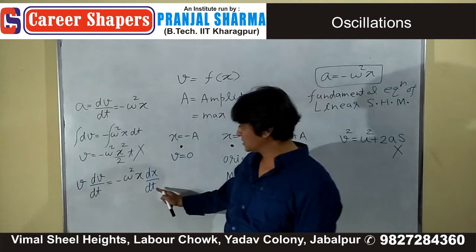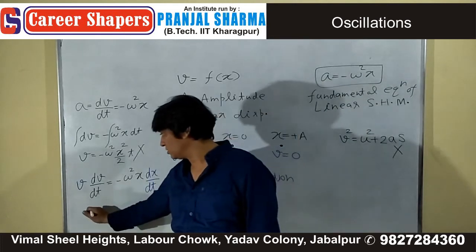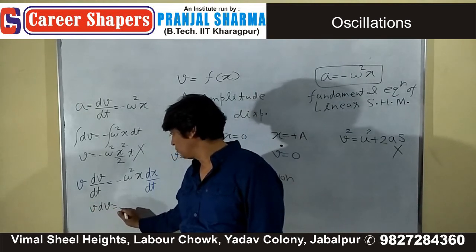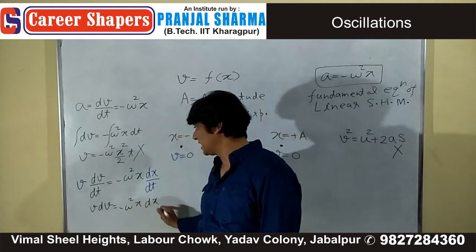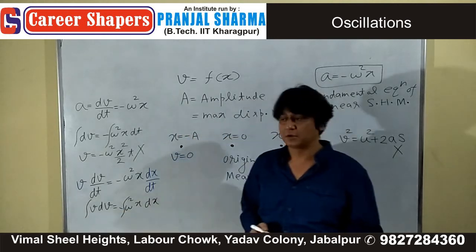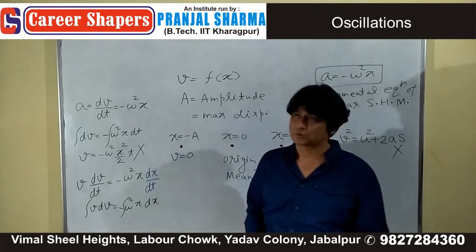Now, you can cancel dt and dt. Once dt and dt are gone, this is v dv equals minus of omega square x dx. That's a very basic integration. I just told you x dx, its integration is x square by 2.